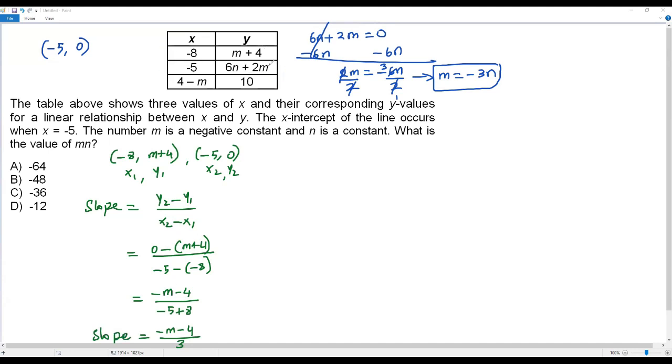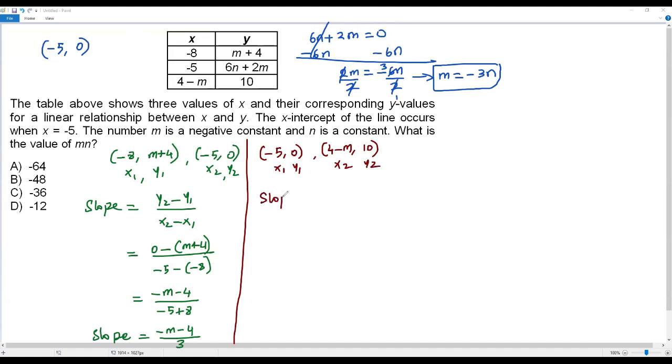Again, I'm going to find the slope of the same line using the second point and third point in the table. So let me write the second point and third point here. The second point is (-5, 0), and the third point is (4 - m, 10). We can take these as x1, y1 and x2, y2.